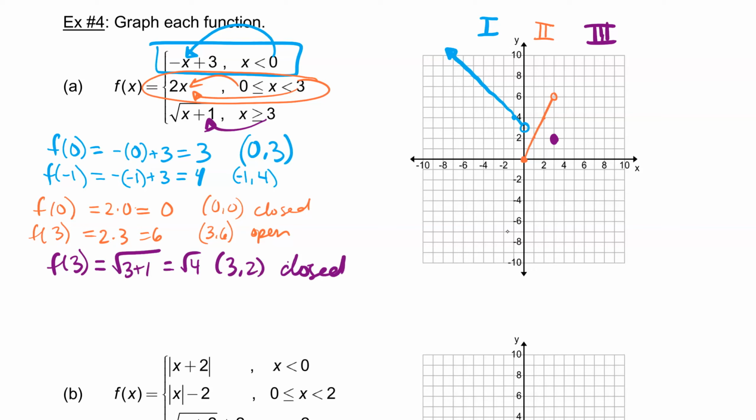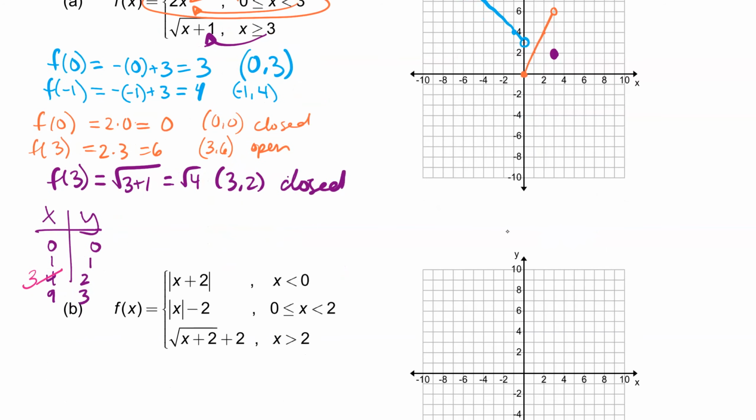So wait, the square root of x plus 1 is literally the square root of x, but shifted left by 1. Do you remember our x and y parent function values? This is what we semi-covered last time. All right, (0, 0), (1, 1), (4, 2), (9, 3). But wait, what we said was this was (3, 2), right? Everything's moved left by 1, so what's my other point I could include? (8, 3).